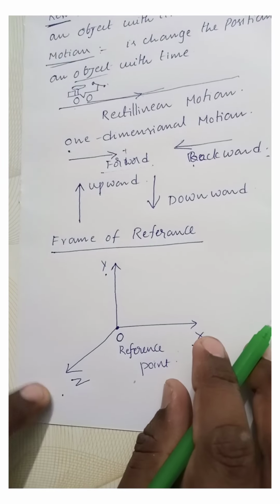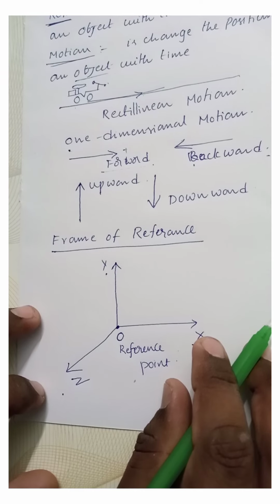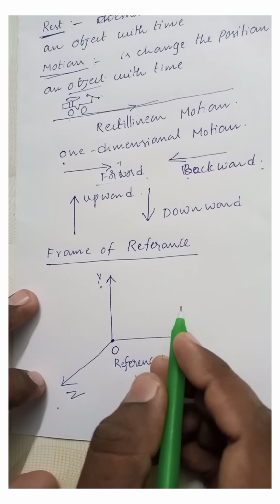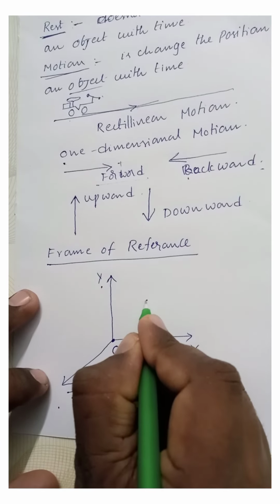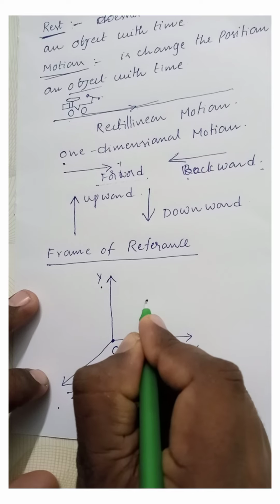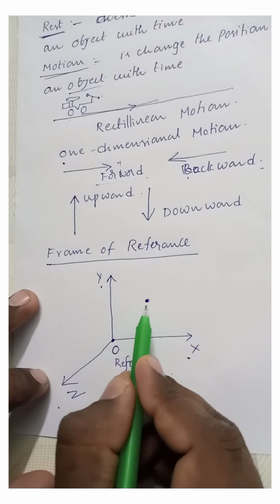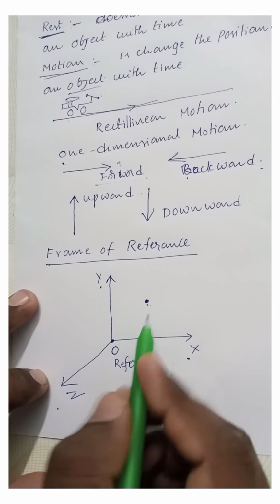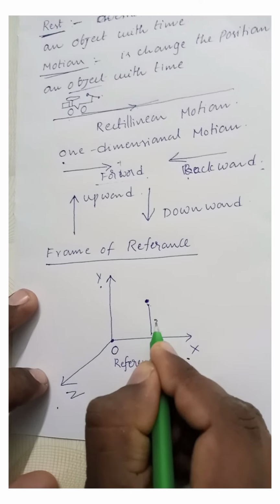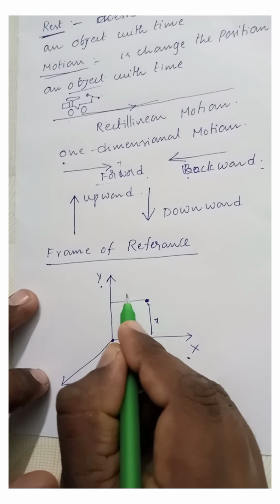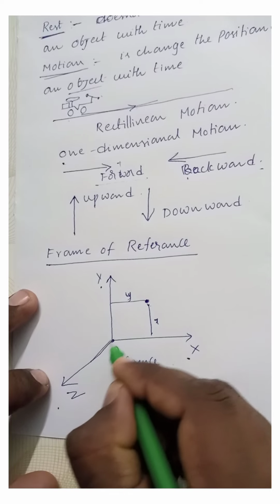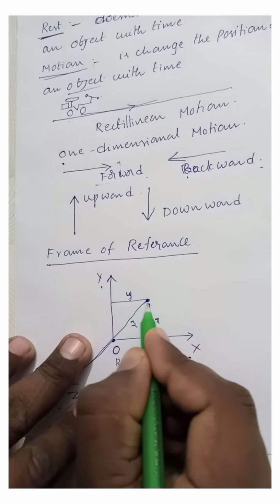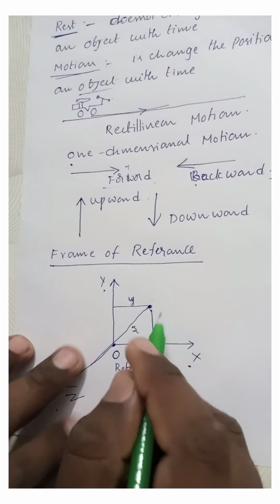The coordinates x, y, z of an object describe the position of the object with respect to the coordinate system. Suppose this is an object. The position of the object is described with respect to the coordinates x, y and z.